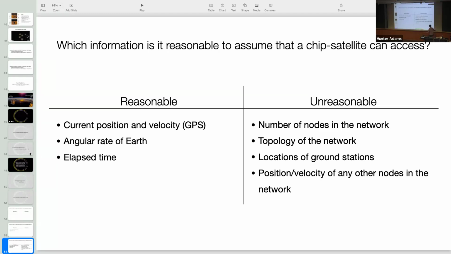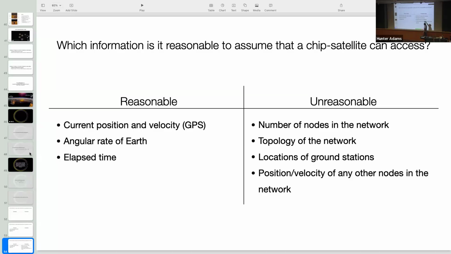What does it not know? I'm going to assume that it does not know the number of nodes in the network, because chipsats are dying all the time. We may be replenishing them asynchronously, and it doesn't know exactly how many other chipsats there are. It doesn't know the topology of the network, because the neighbors are changing all the time, right? So there's no fixed neighbor for an individual chipsat. It's always changing.